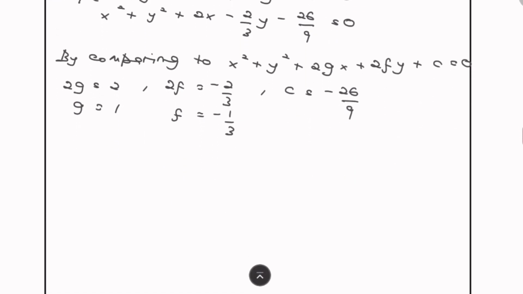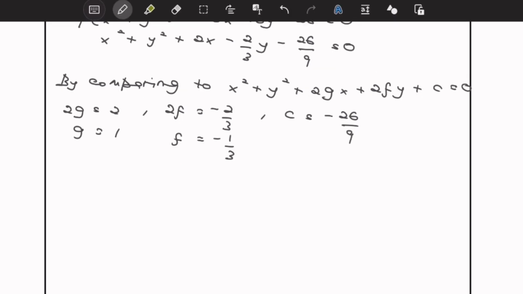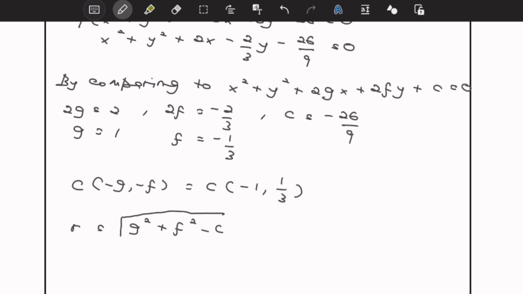So as we know, the center is given by (negative g, negative f). So our center is (-1, 1/3). So we already have the coordinates of the center. Next, let's find the radius. We need to use the formula r equals the square root of g squared plus f squared minus c.